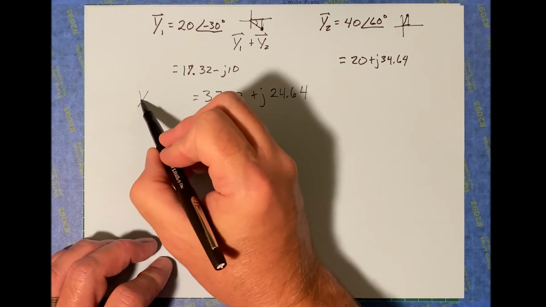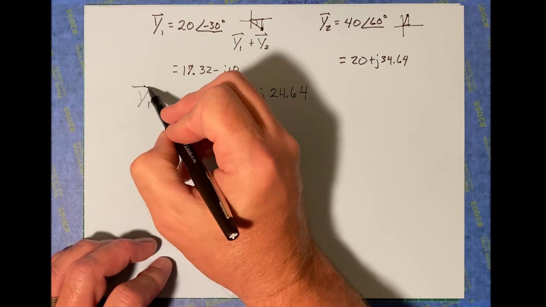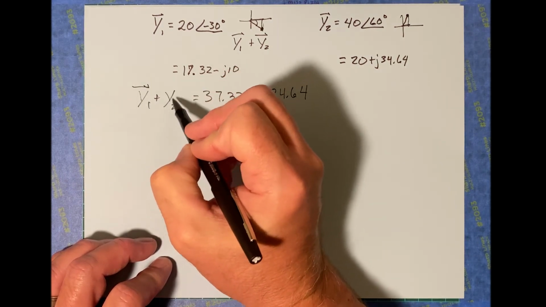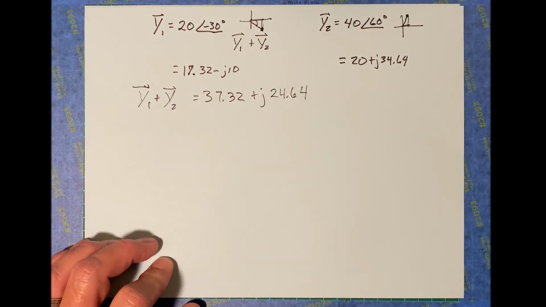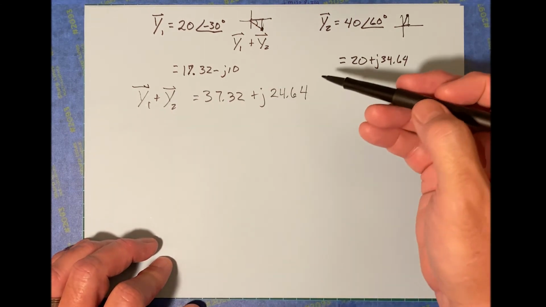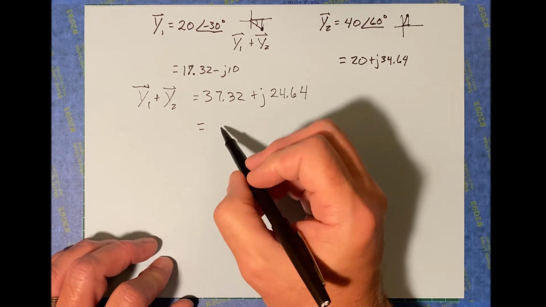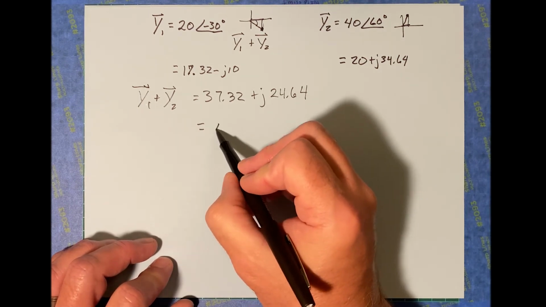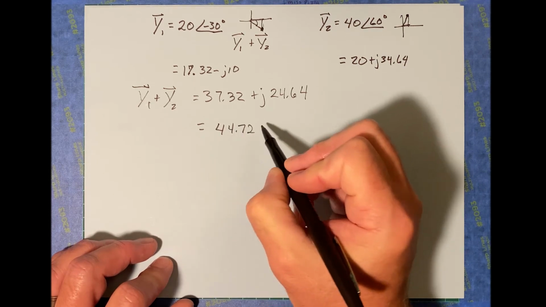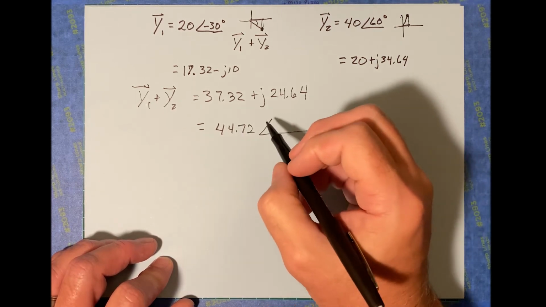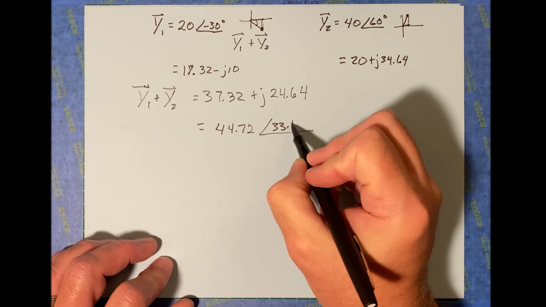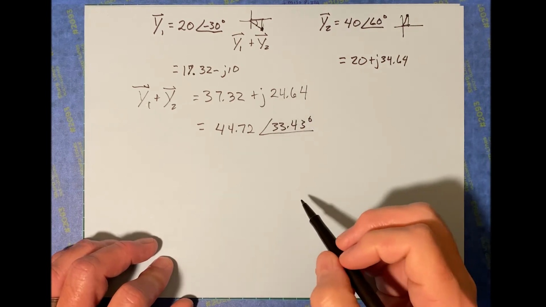This is now phasor y1 plus phasor y2. And now that we've got it in this form, if I transform it back into polar, this is going to end up being 44.72 angle 33.43 degrees.